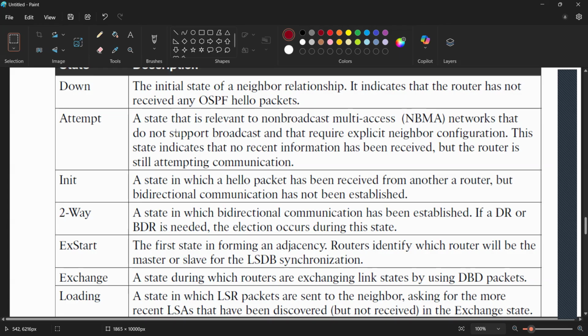It will come in further part, so wait for it. Right now it will be a bit confusing because we haven't discussed the area types. We have BMA, NBMA, then we have NSSA, total NSSA, point to multi-point, then point to multi-point broadcast, point to multi-point non-broadcast. Wait for it.